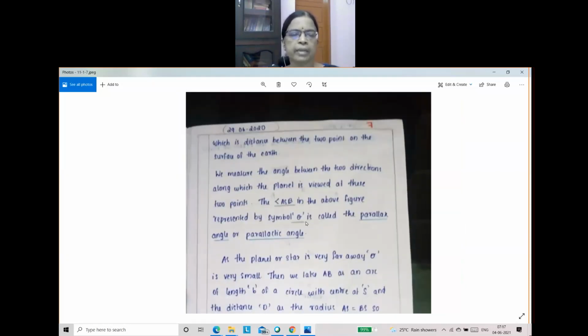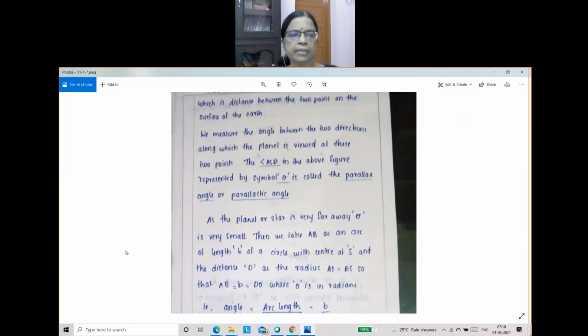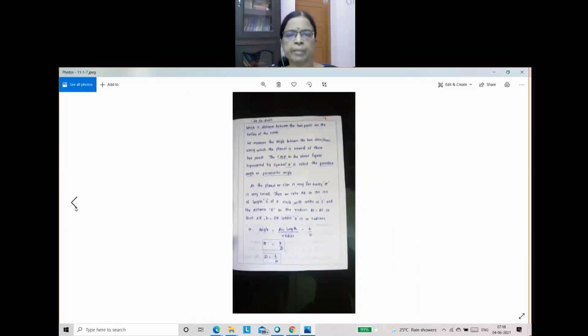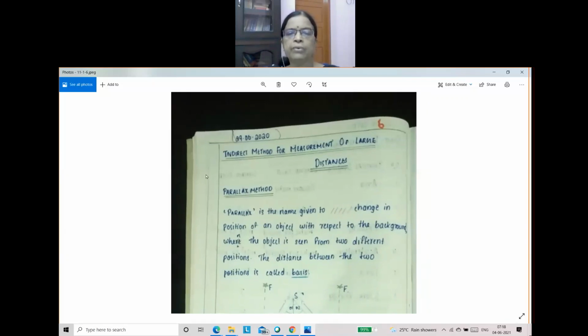So you can write the question on the top, near the heading. You have the pencil with you, you have the notes, you can write the question with pencil. Explain, what is parallax? How will you measure the distance of a star or a planet from Earth by the parallax method?